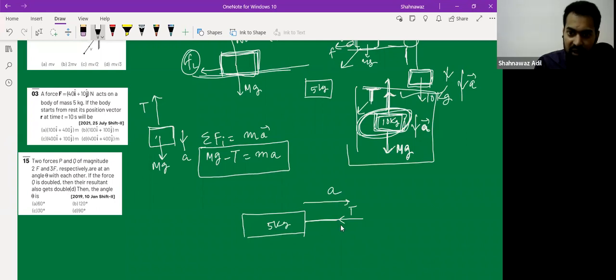There is a normal reaction, there is a friction, and there is a weight. Your normal reaction is making equilibrium with what? This weight. So the normal reaction cancels out this weight, and that is why you have only horizontal acceleration. Understood?